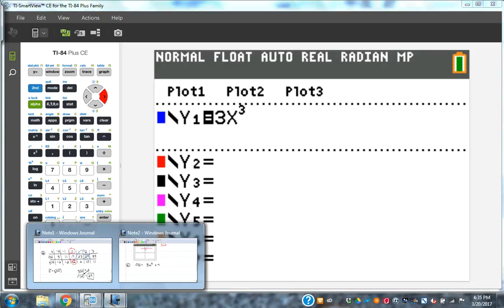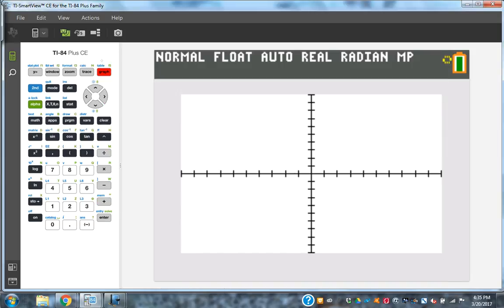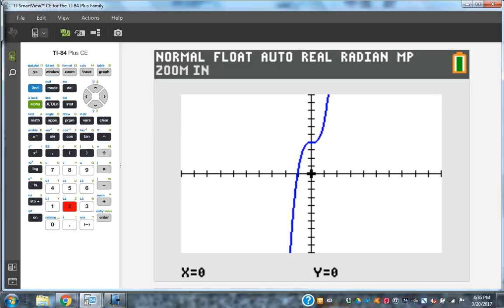What was it? Plus 4. Graph there. And it looks like it gets pretty flat there at 4. But I argue that it's not perfectly flat. If I zoom in to that spot, press the up arrow here until I get close to it.